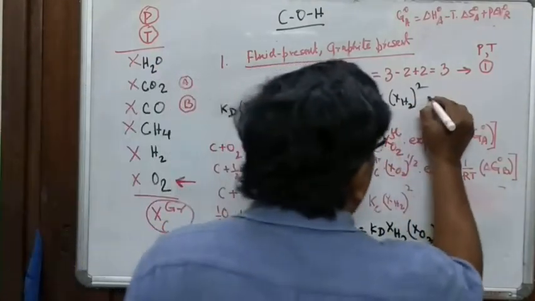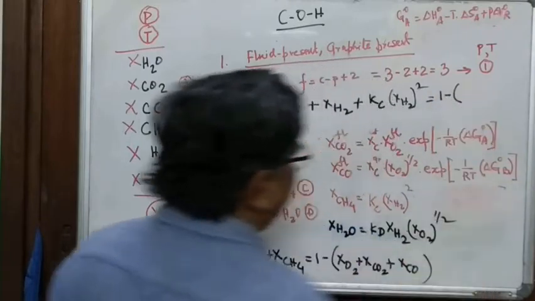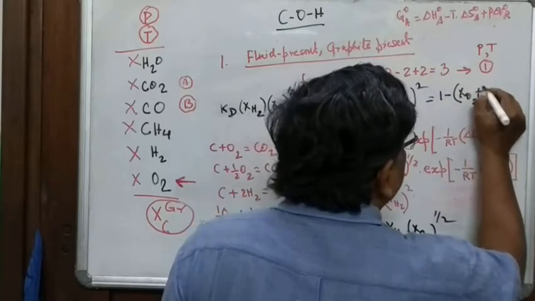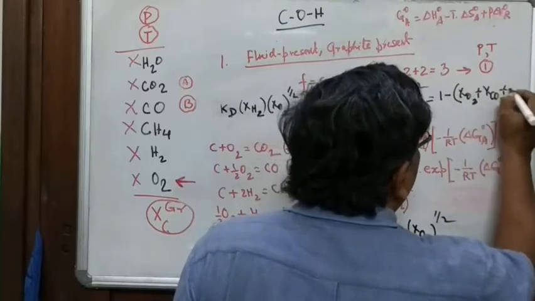And this will be equal to 1 minus XO2 plus XCO2 plus XCO.